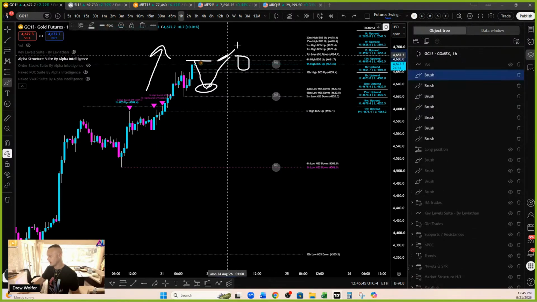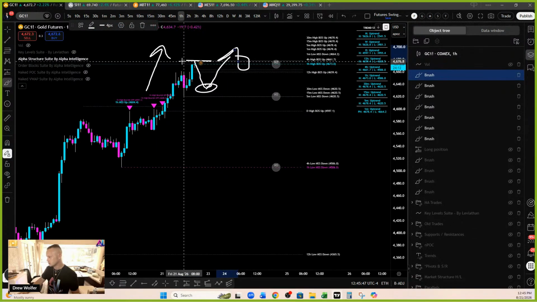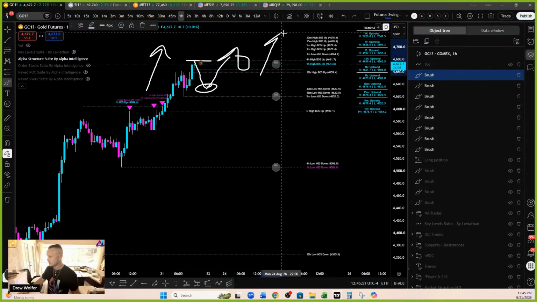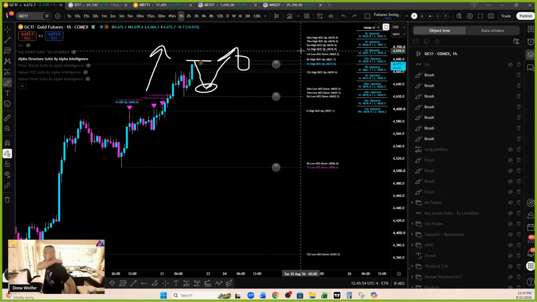That is what is called a break of structure, because the structure is up here. This is your structural high. You're breaking that, and that is what is called a continuation pattern, okay? So market structure shifts are reversals. Breaks of structure are the continuation pattern.